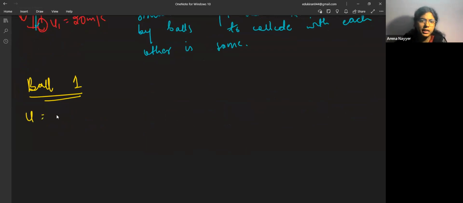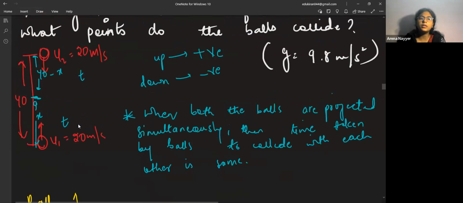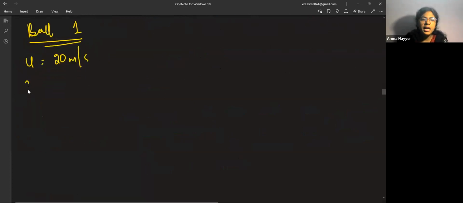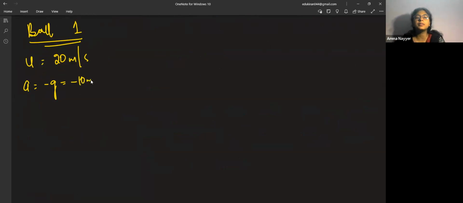Initial velocity is 20 meters per second. Should the initial velocity be positive or negative according to this sign convention for this ball? Positive. Very good, Sarah. It should be positive because this is moving up. Acceleration due to gravity will always be downwards, and since I have chosen downwards as negative, this is going to be minus 10 meters per second square.